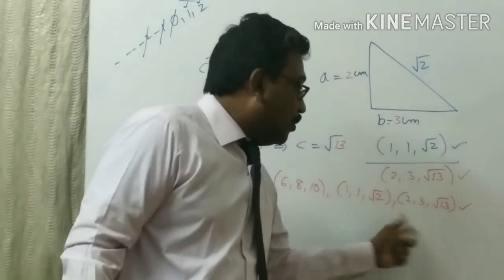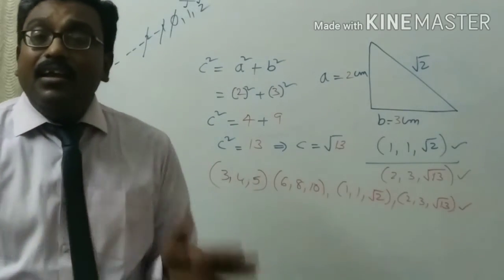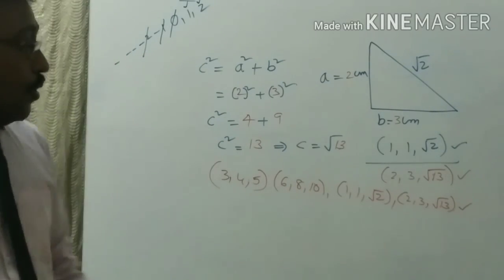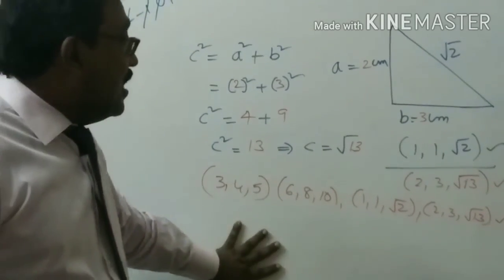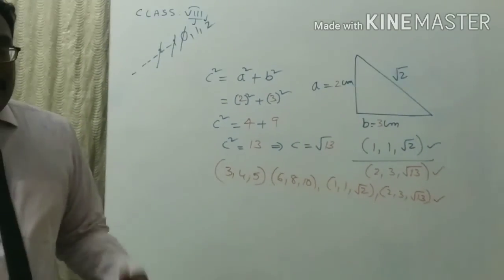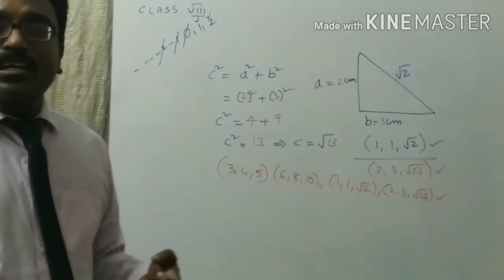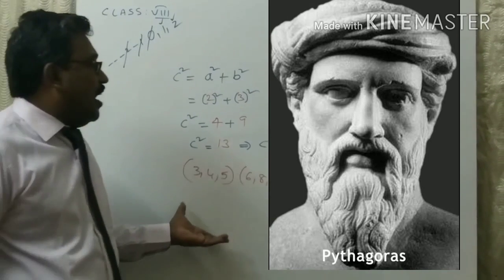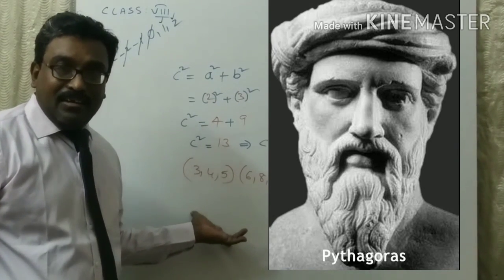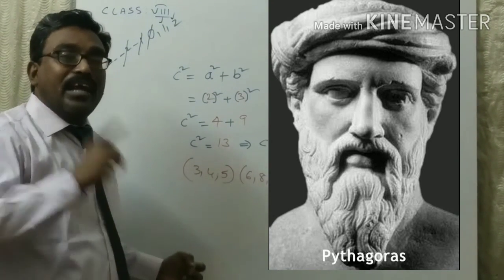The other two, here you can see, are irrational numbers. So we can form Pythagorean triplets, and this was proposed by the great Greek mathematician Pythagoras. And the Pythagoras theorem also will come in our 10th standard. Okay, we'll discuss more there in 10th standard.